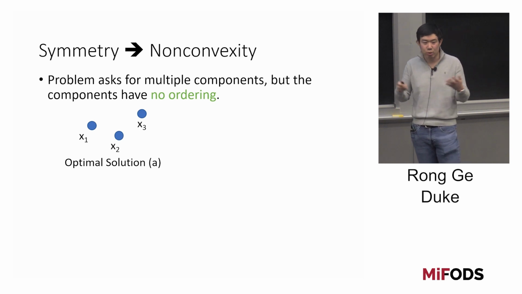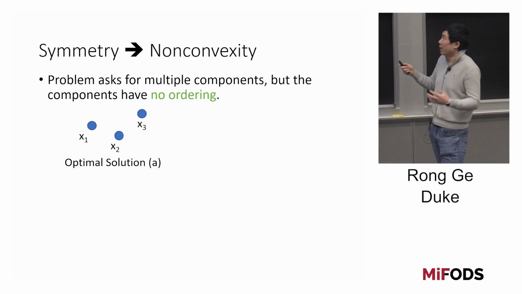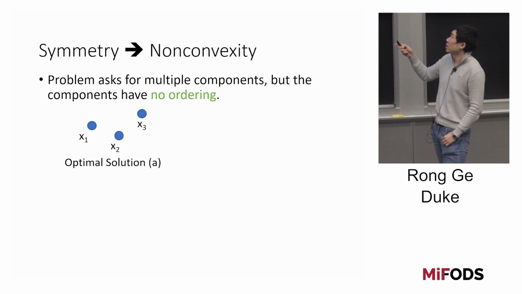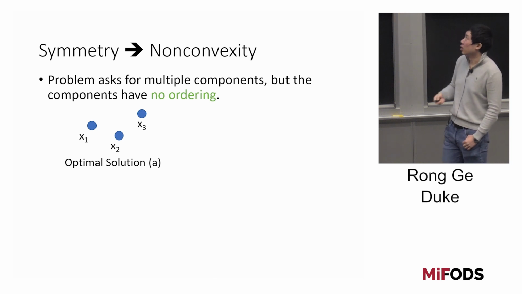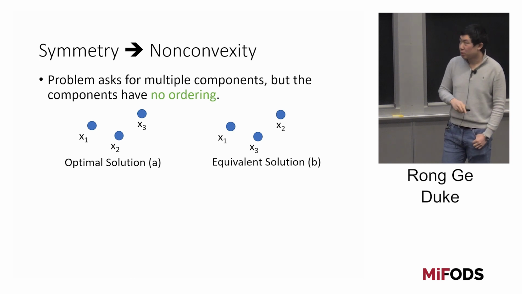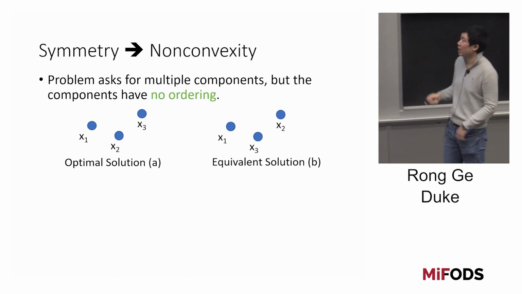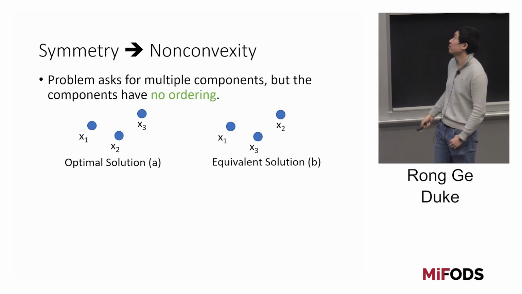There are, of course, many well-known objectives for clustering, like k-means or k-median. But no matter which objective function you use, let's say this is your optimal solution. Given this optimal solution, it's easy for me to come up with an alternative solution that should have the same objective function value.